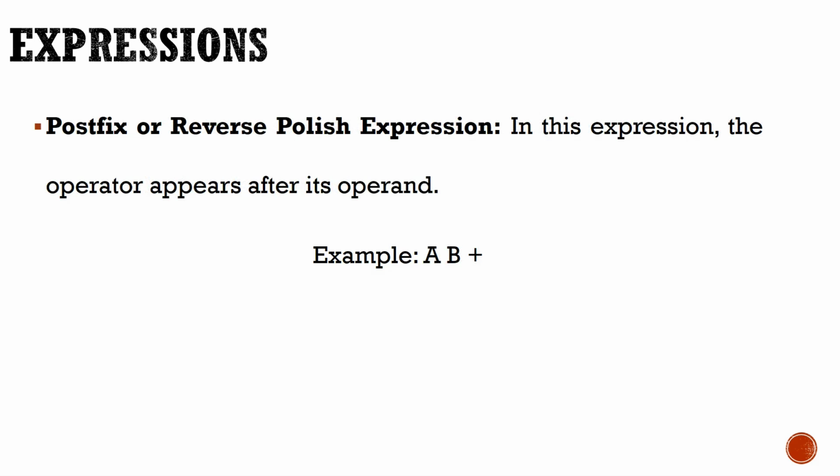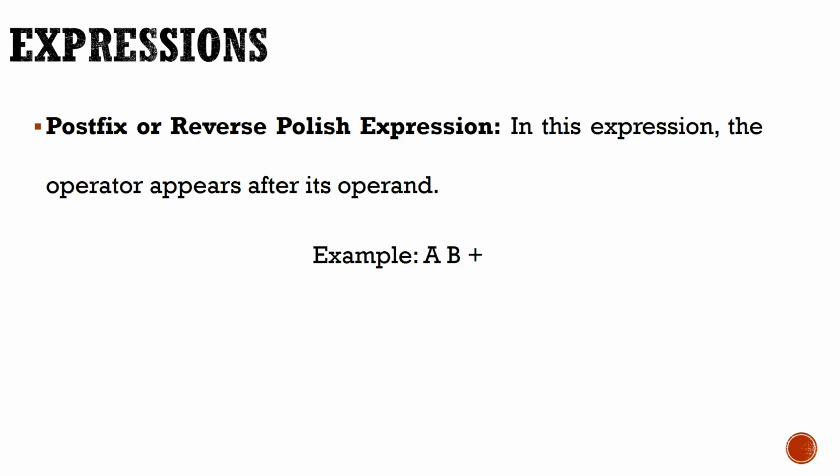And the last type of expression is the postfix or the reverse polish expression. In this expression, the operator will come after the operands. You can look at the example over here. A and B are the operands, and plus is the operator which is placed after the operands A and B. So these are the three different varieties of expressions we use.